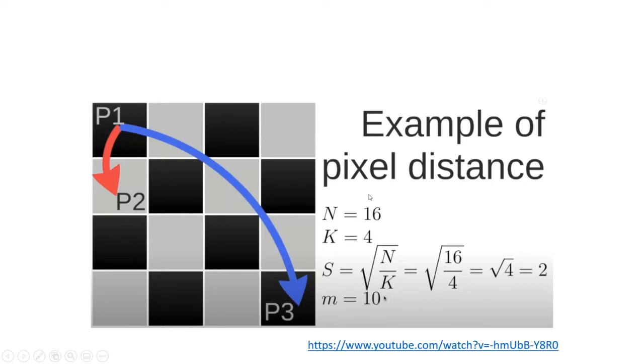you have n, that's the total number of pixels, right? So 1, 2, 3, 4, 4 by 4. And K is how many regions I want to segment, how many superpixels I want to get. So this value S is going to be 2.